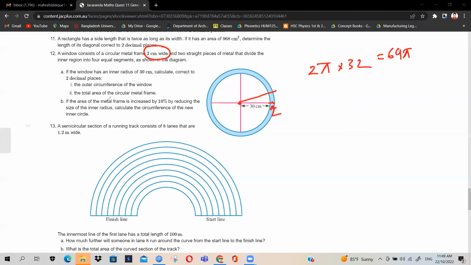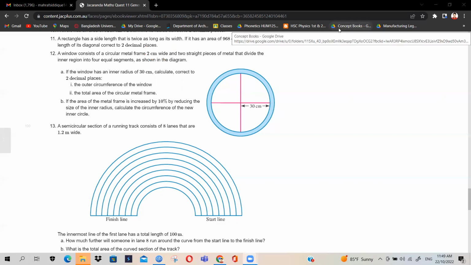Now, in case of the area of the circular metal frame, what should you do? What do you think? Like the shaded region, how do we calculate the area for the shaded region? Find the area of the circle without the outer rim, the blue part, and minus those together.